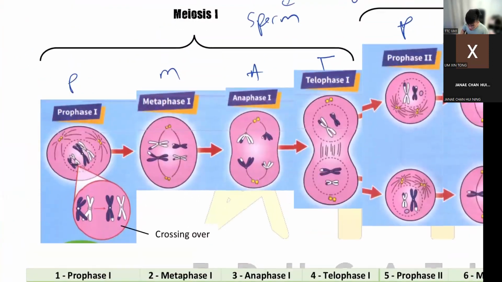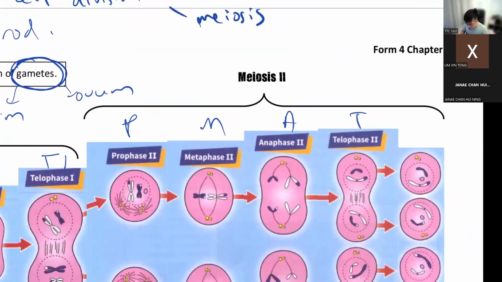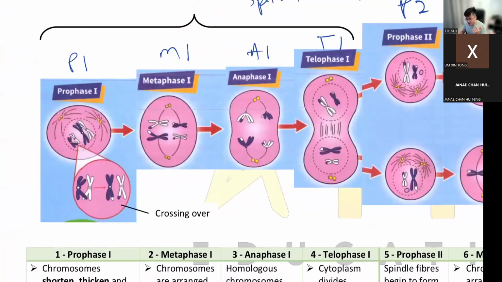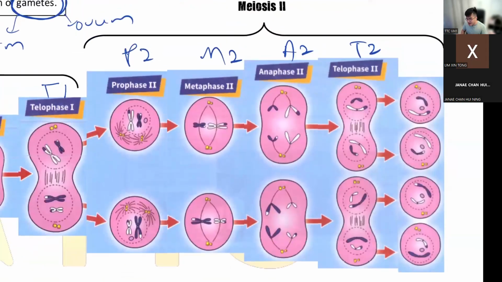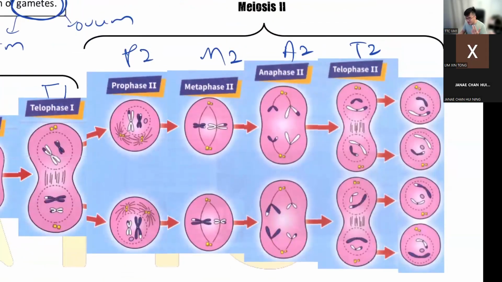But this time I have P1, M1, A1, T1, because it's meiosis 1. And we have P2, M2, A2, T2. Can you see it's the same? It's just I do it twice. I have prophase 1, metaphase 1, anaphase 1, telophase 1, PMAT 1. And I have prophase 2, metaphase 2, anaphase 2, telophase 2, PMAT 2.